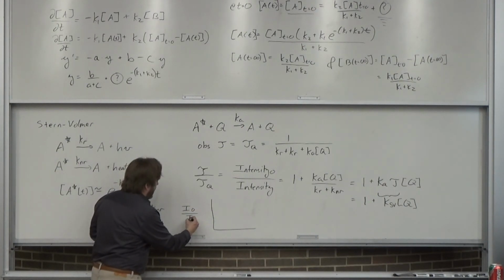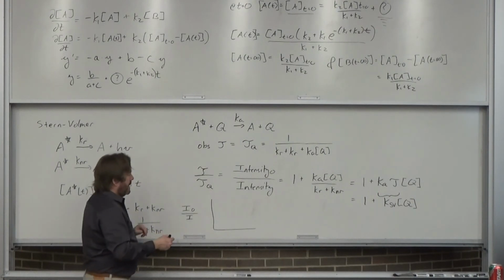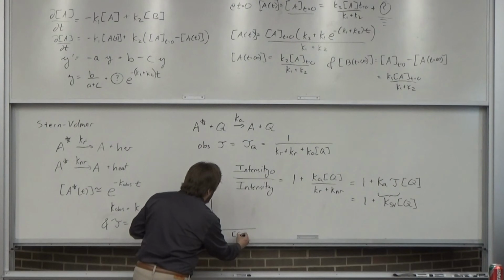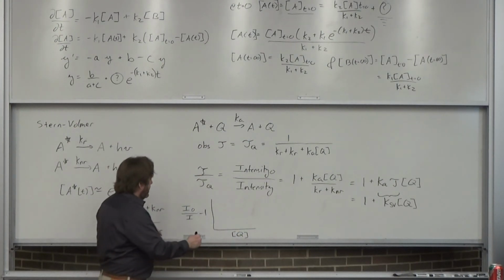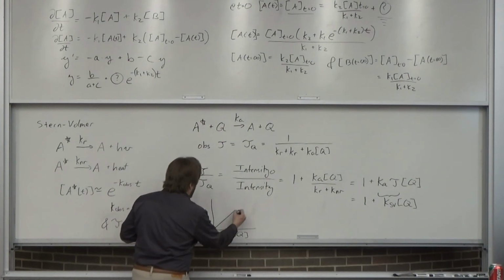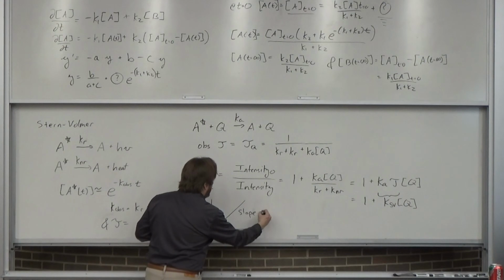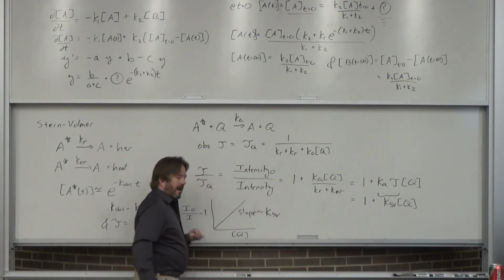You would do the experiment and measure the intensity, and you divide the two, which I know is kind of weird. And let's subtract 1. And you do that as a function of quencher concentration. So as you add more and more quencher, you would see a line go up where the slope is proportional to the Stern-Volmer quenching constant.